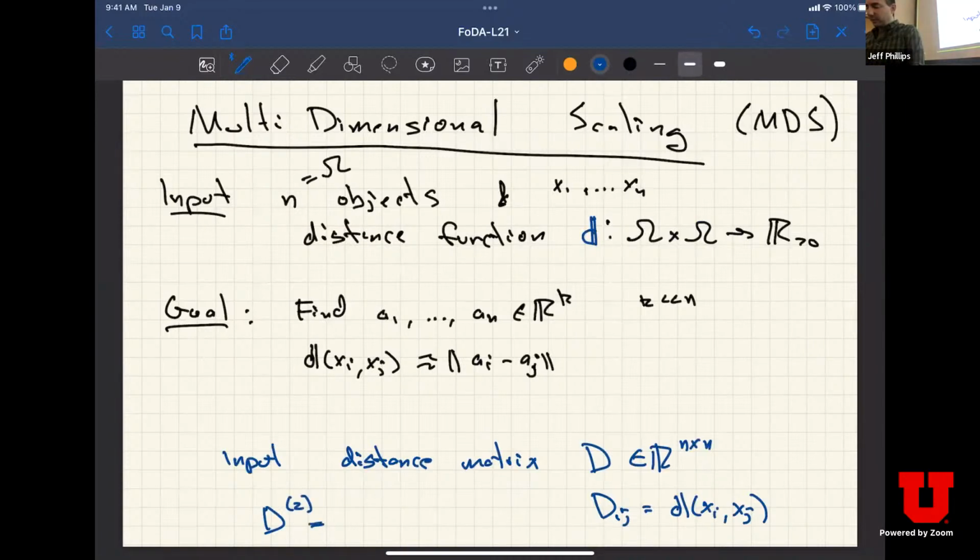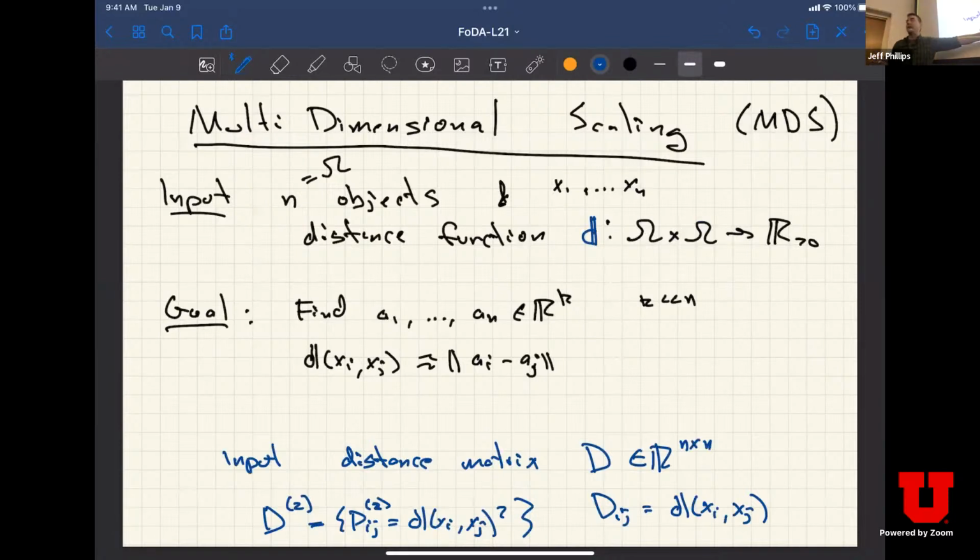We're also going to use a notion called D squared. This is going to be defined so that D²_ij equals the distance between x_i and x_j, squared, for all of the elements. It's not the same thing as squaring a matrix like when we talked about singular value decomposition and eigendecompositions, where we looked at the squared diagonal matrix. This is different from that.